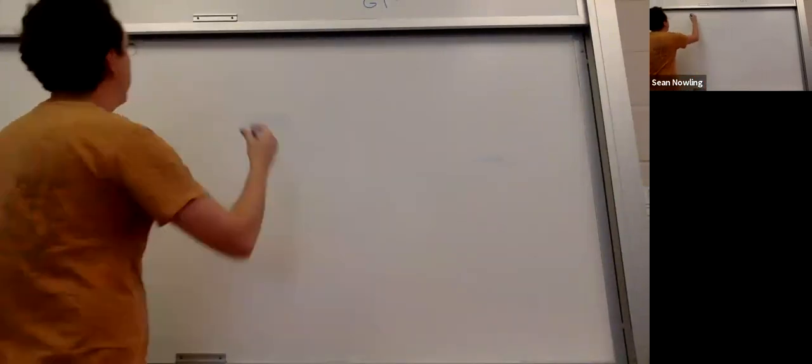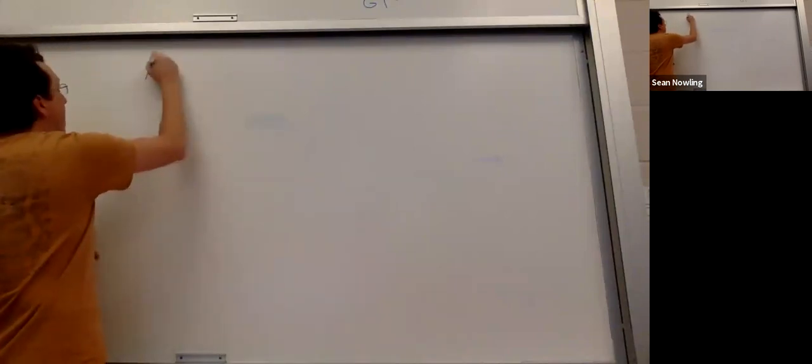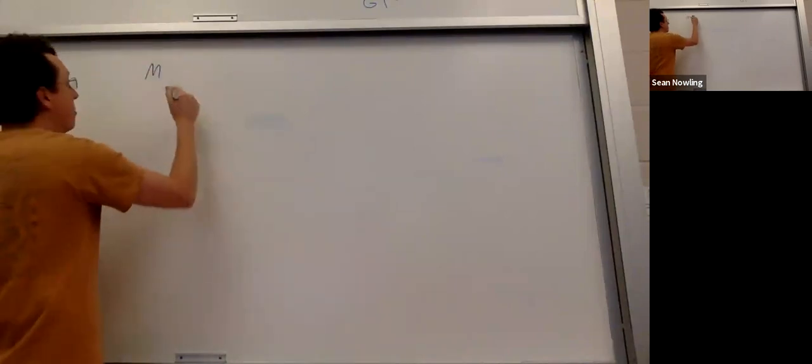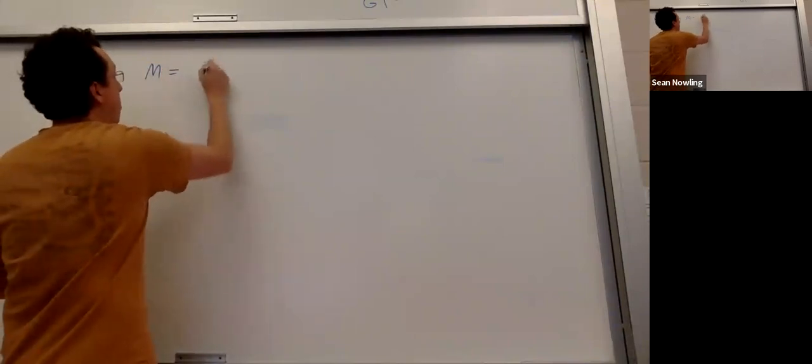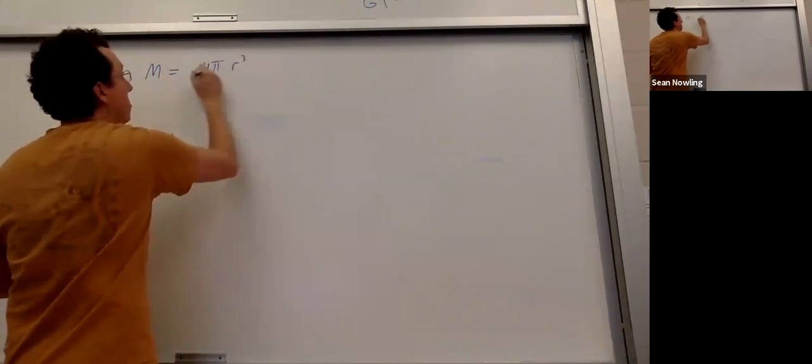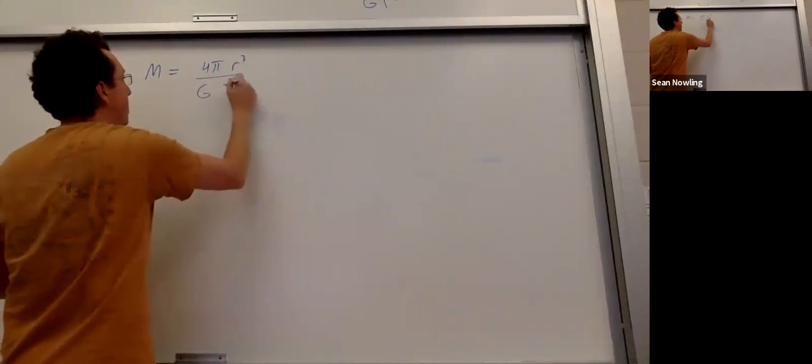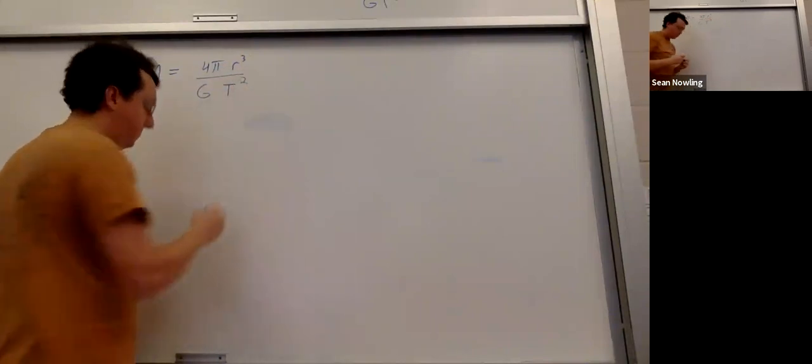Okay, so our main equation is the mass of the central object, in this case the sun, is 4 pi squared r cubed over G times the period squared.